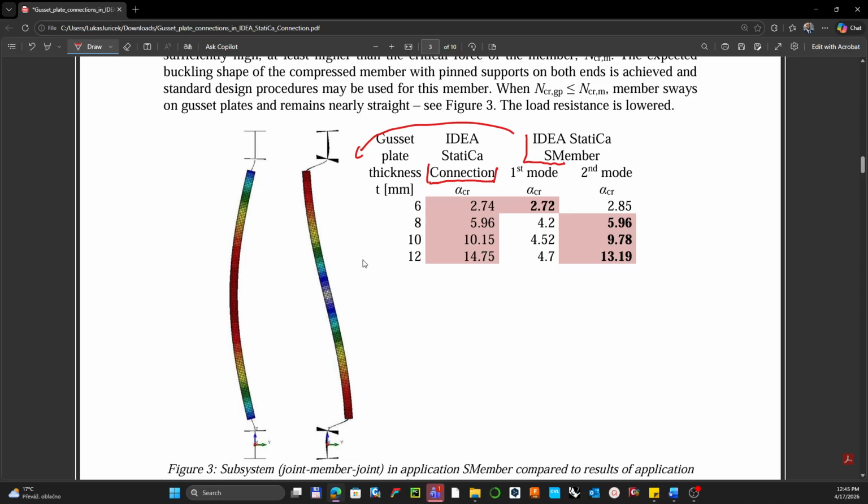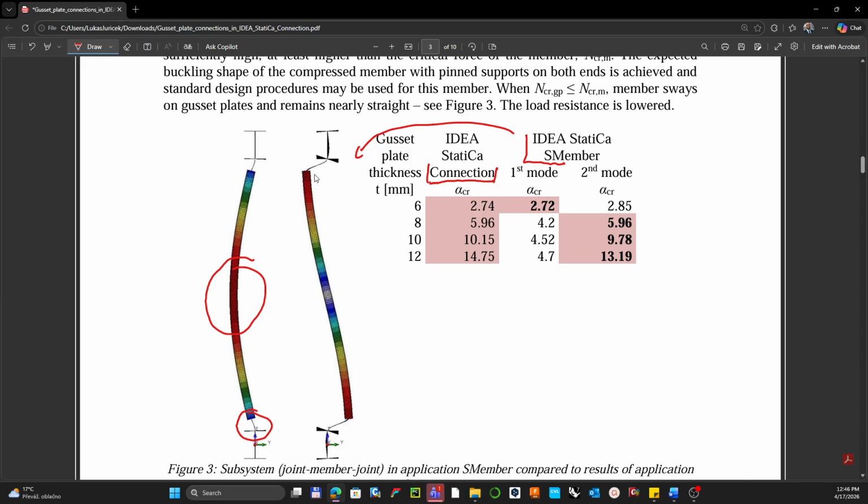Once you have the full submodel, you are able to investigate what is happening on the side of the connection, but also on the global part of the member from the point of view of stability, internal forces, stresses, and strains.